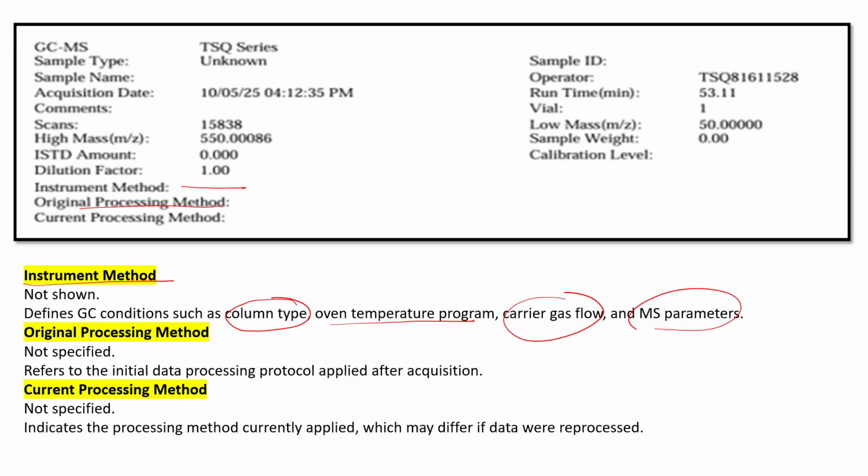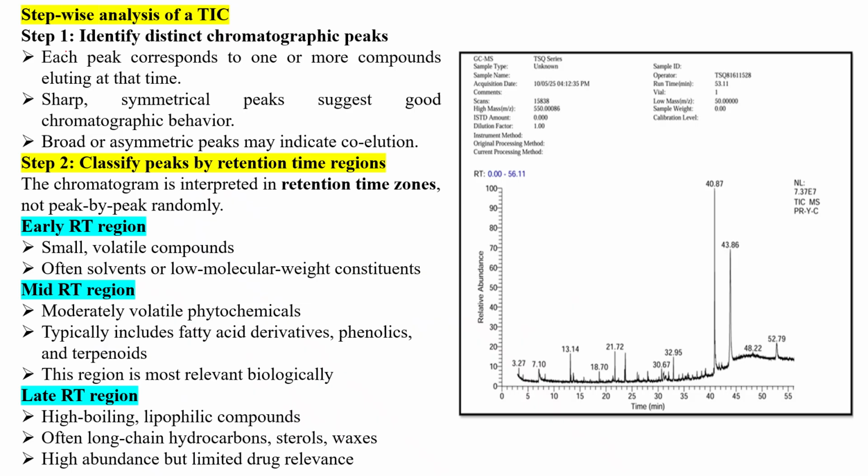Original processing method, initial data processing protocol applied after acquisition. And then current processing method, that has also not been specified. This indicates the method which is being currently applied and which may differ if the data were reprocessed.